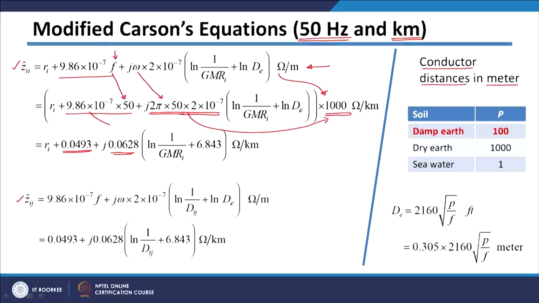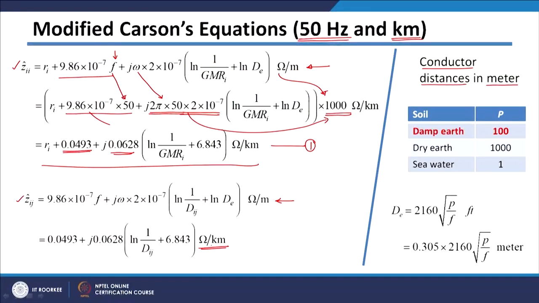So, the formula for self impedance is given by this expression here. I can say this is equation 1, and the formula for mutual impedance is given by this here. This again is in ohms per meter, so we need to multiply it by 1000 to get ohms per kilometer.